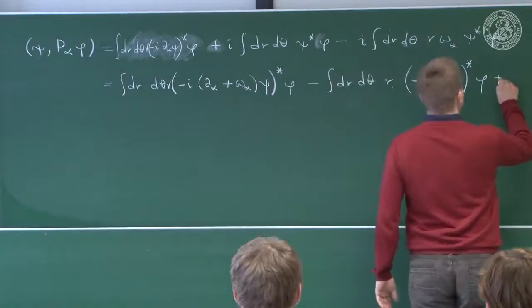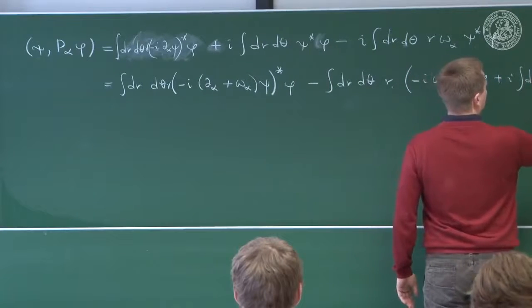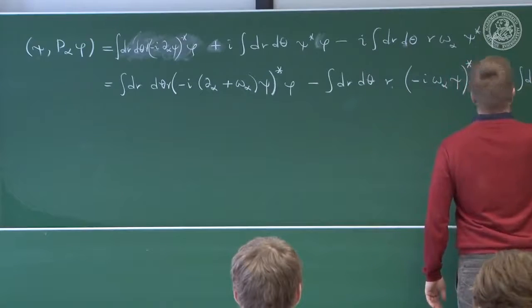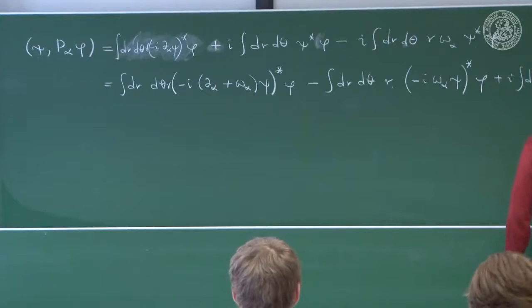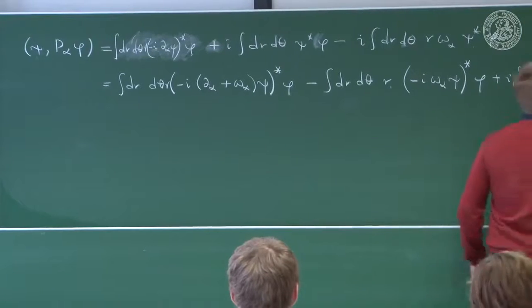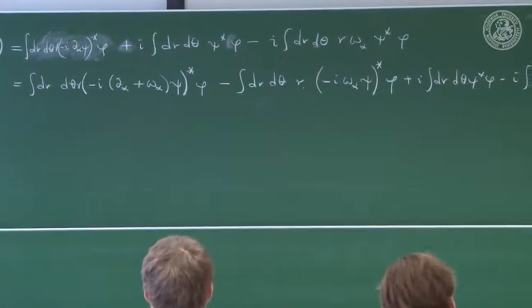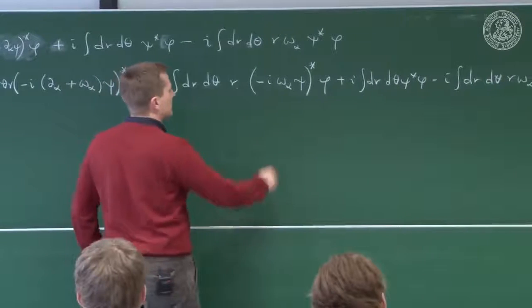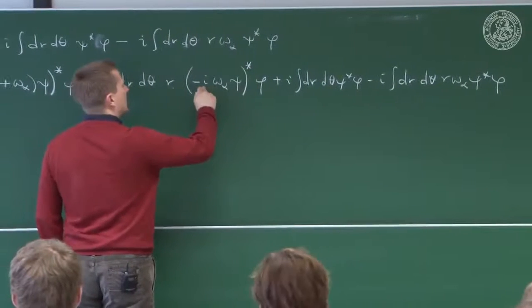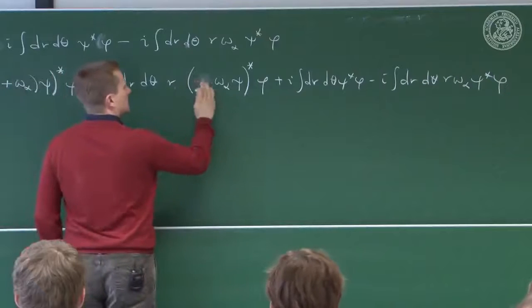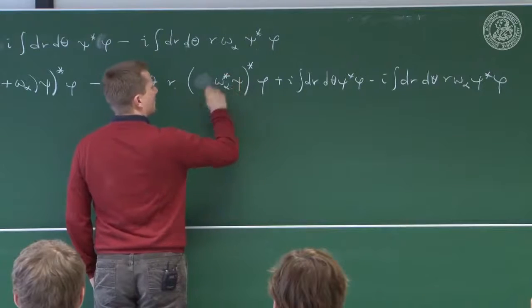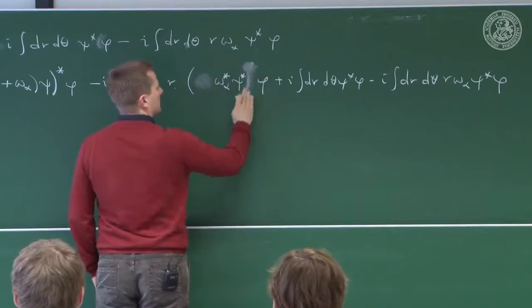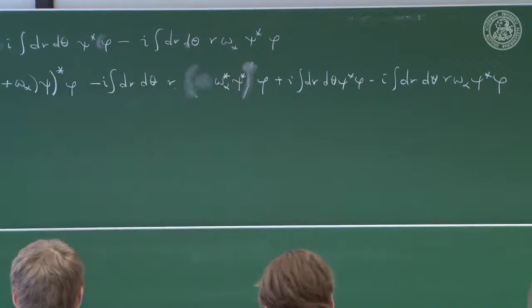And then there is a plus i dr d theta psi star phi minus i dr d theta r omega alpha psi star phi. Aha. So now the whole thing presents itself somewhat differently. I have a minus i that's being starred, that's a plus i, which I take to the front here. Now I write this as an omega star psi star, because that is what it is. Okay? So I have this guy here.